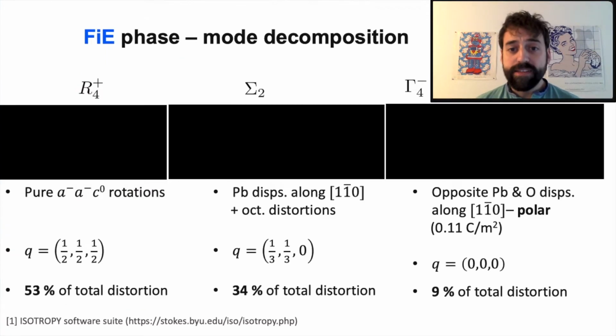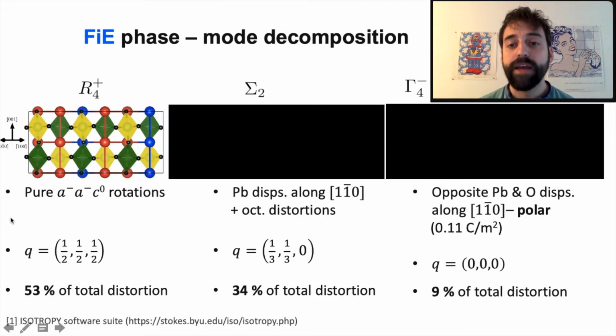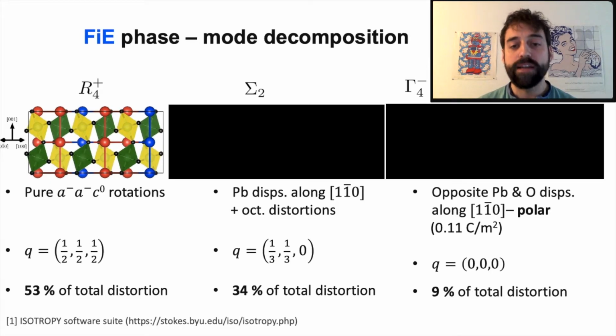We further analyzed the mode decomposition of this phase using standard crystallographic tools. We found that the strongest distortion is the one shown here on the left, which has R4+ symmetry, and this mode accounts for 53% of the total distortion and is the one giving the a-a-c0 tilt pattern of the oxygen octahedra.